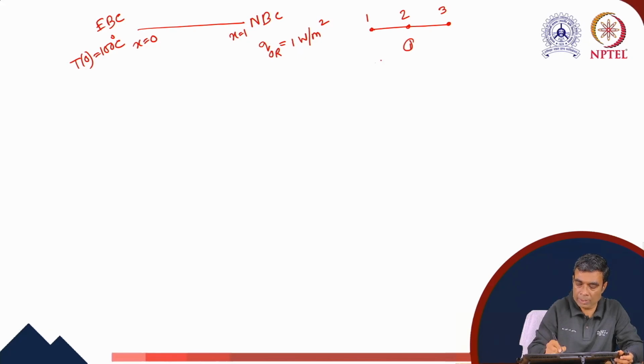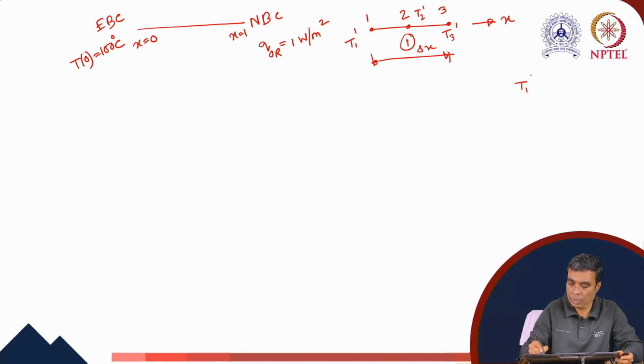This is for element 1, and the mesh size is delta x. So the temperatures are T11, T21 and T31. T11 is given as T0, equals 100 degrees centigrade, and Q0R heat flux is specified as 1 watt per meter square.